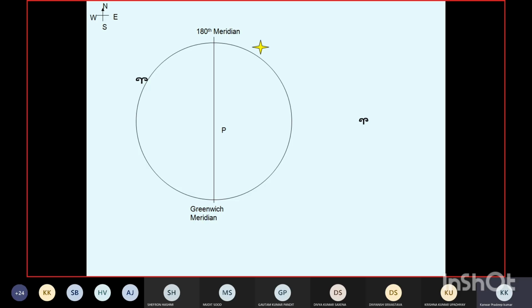I think you are getting a very good and clear picture of what I'm trying to explain. It becomes a little difficult to explain online, once you're in the class, it is slightly different, but I'm satisfied with the progress you people are making. So I draw one more meridian from P to the first point of Aries.